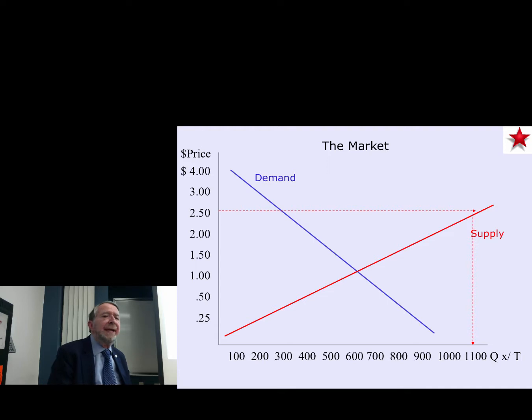Let's suppose at the beginning that the sellers believe that the market price is going to be $2.50 a piece. And by the way, there's a great article in this week's Economist on the demand for avocados, and the supply has decreased because of the fires and so forth in California and in Mexico, and then storms and other things that have destroyed some of the trees.